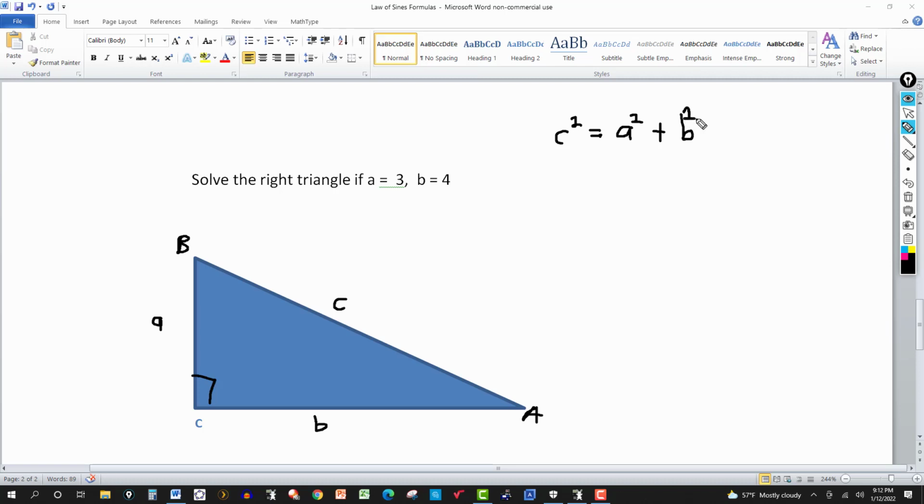So now, solve the right triangle if A is equal to 3 and B is equal to 4. In this case, we're given two sides.